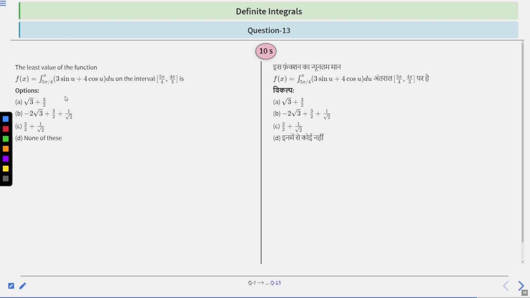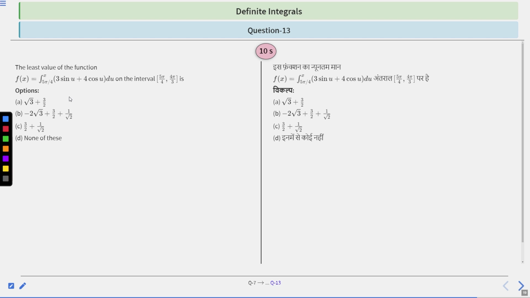For the least value, first we can find the critical point by using f dash x, and we can find f dash x by differentiating using Newton's Leibniz formula. Once we get f dash x, we will find f double dash x at that critical point.